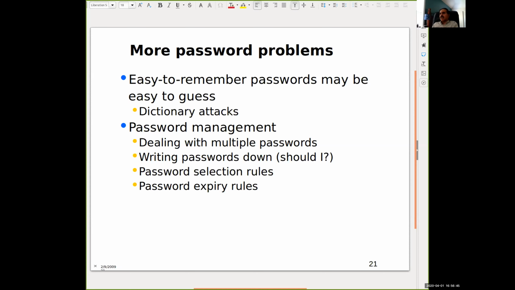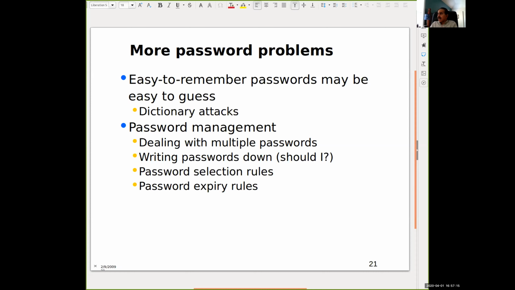One trick that people try is, okay, let me have a basic password, and then I will create variants by adding a number or a particular symbol to this basic password. But once you do that, that makes dictionary attacks easy, because if the attacker finds one of your passwords, they can look at it and guess what is the base and what is the added part.